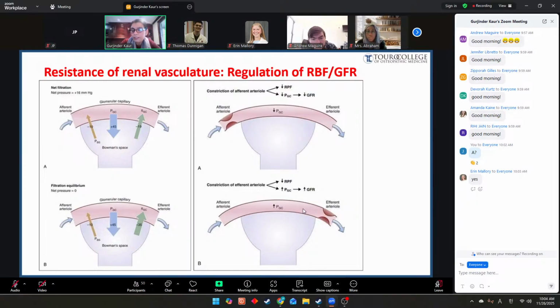Is everyone understanding that? So you're going to have your PGC rising here, and if your hydrostatic pressure is rising, of course, your GFR will be increasing. Make sense? If PGC is high, your filtration pressure is going to be high, and that will bring up your GFR. Make sense? That's just the low levels.